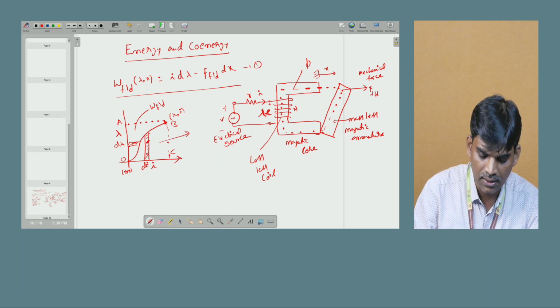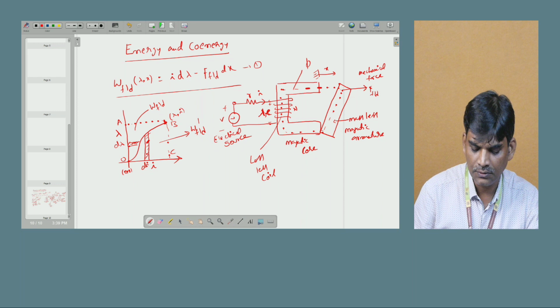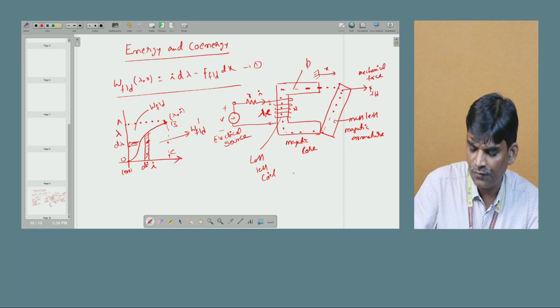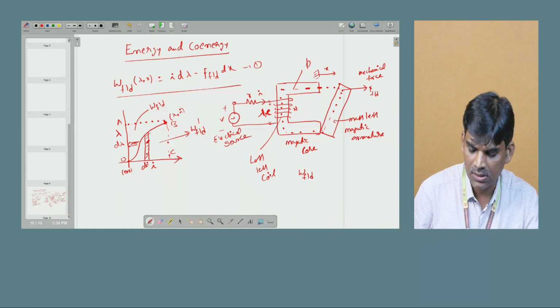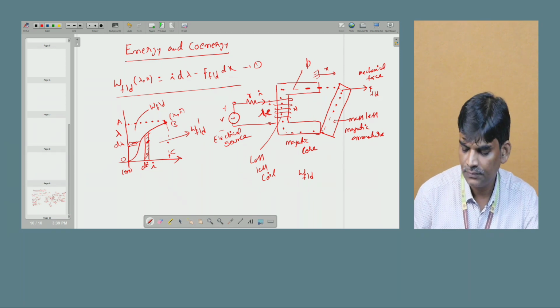You have to calculate this portion, which is another term I am giving, called the coenergy. So here, the field energy, as you already know, is a function of lambda comma x.